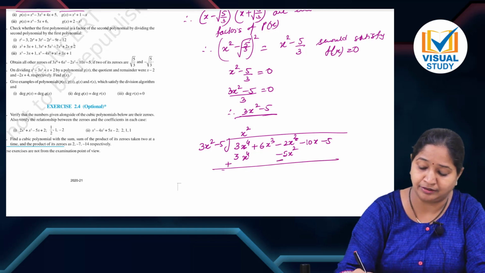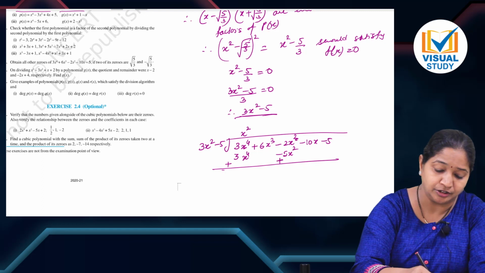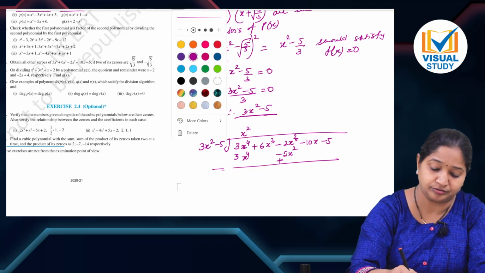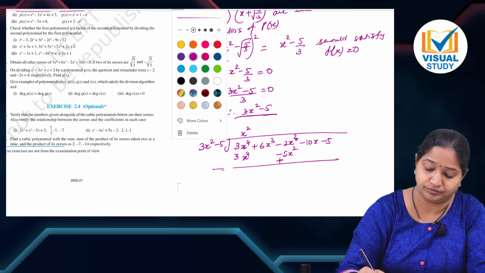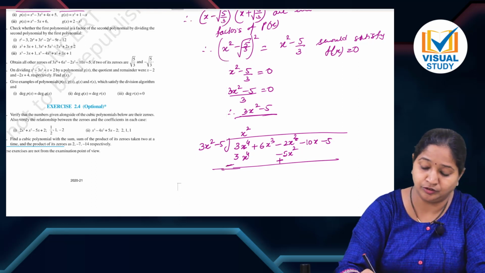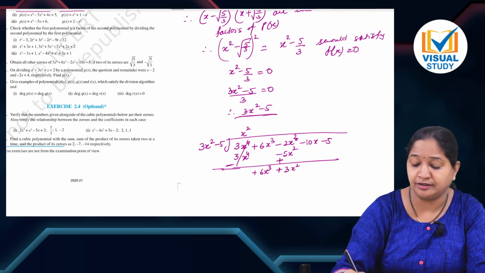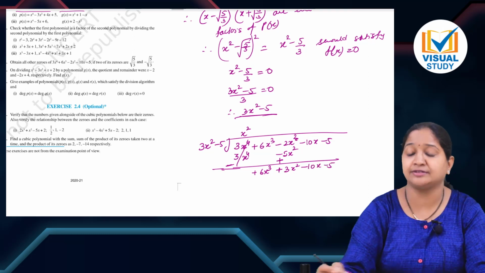Change the signs, so this gets cancelled and you get plus 6x cube plus 3x square minus 10x minus 5.